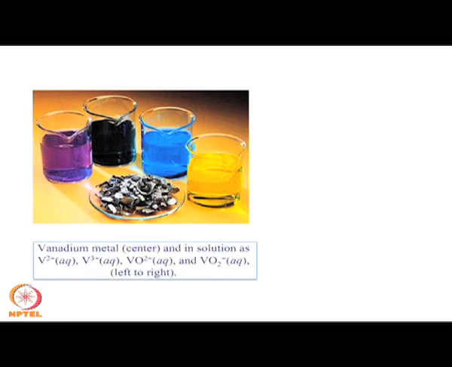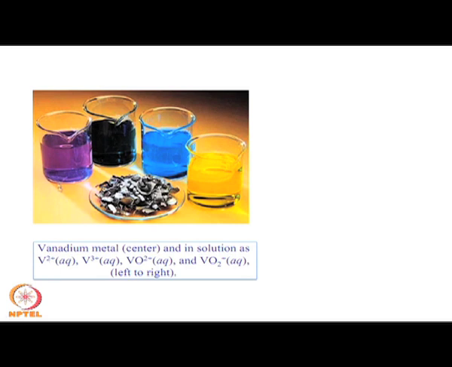Let us see, this is the vanadium metal. Some techniques and procedures are available which allow us to dissolve the vanadium metal in solution. This is vanadium 2: if we dissolve vanadium in 1:1 or concentrated hydrochloric acid, we produce vanadium chloride in solution, and vanadium is present in the bivalent state.